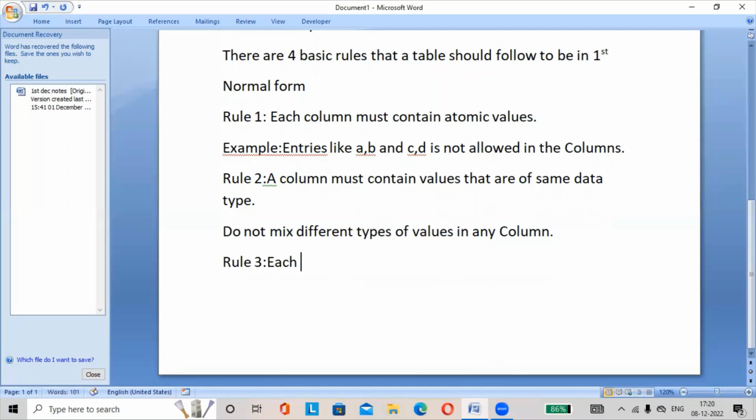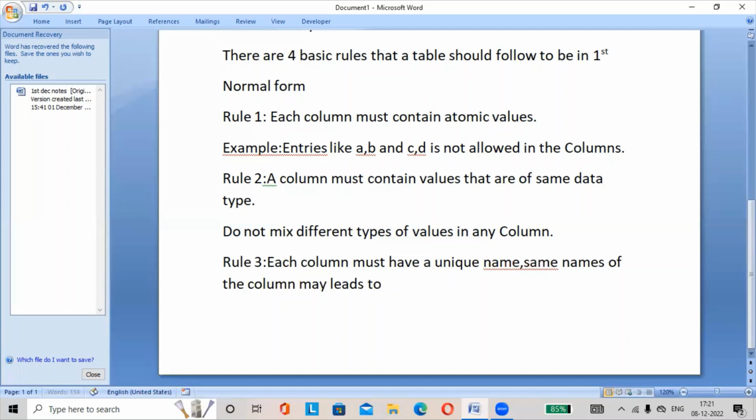Same names of the column may lead to confusion at the time of data retrieval. What is the meaning of data retrieval?